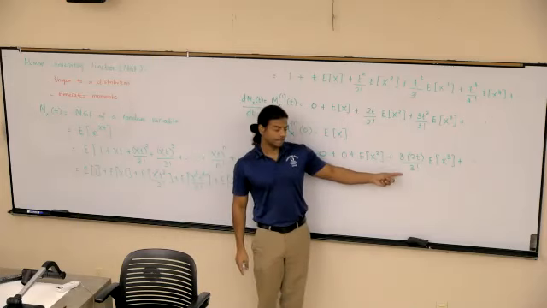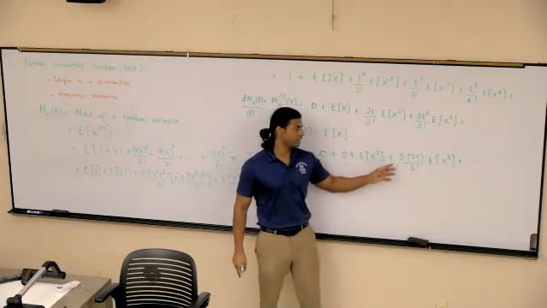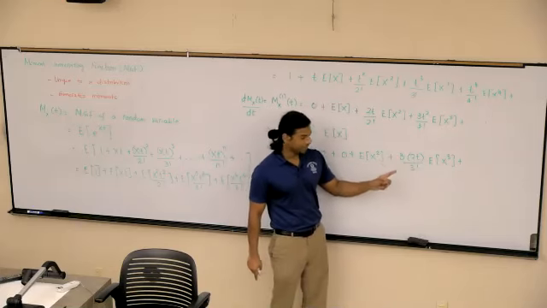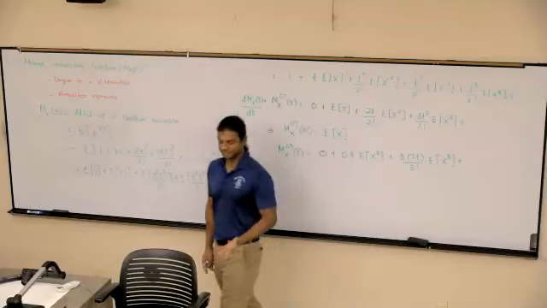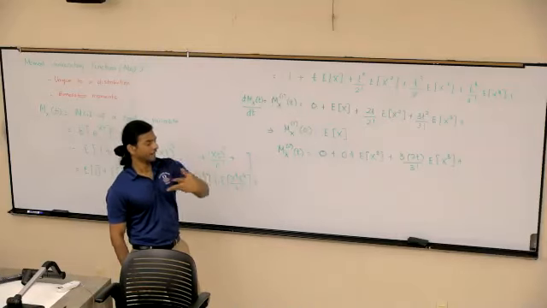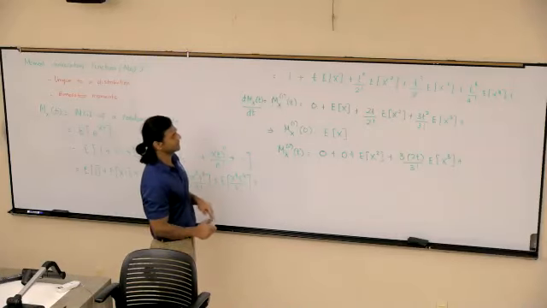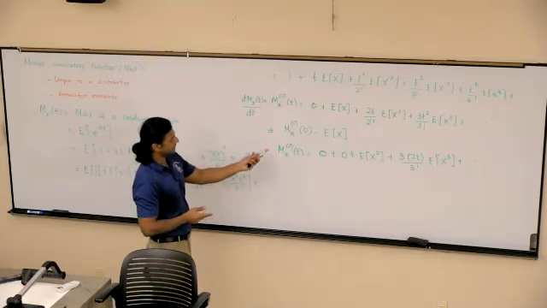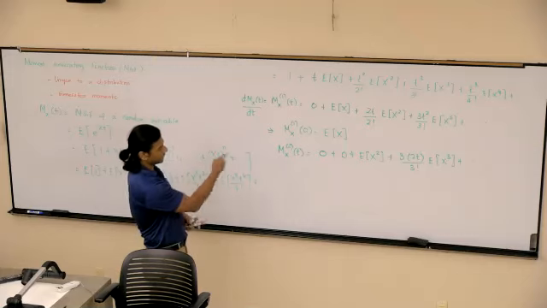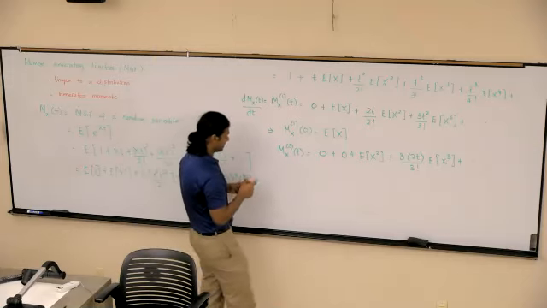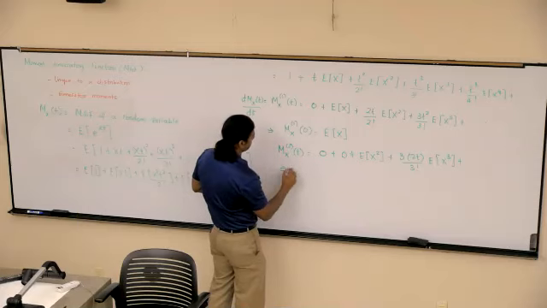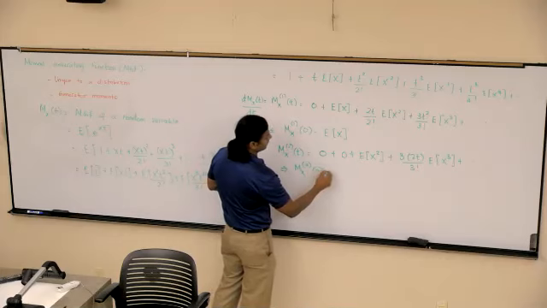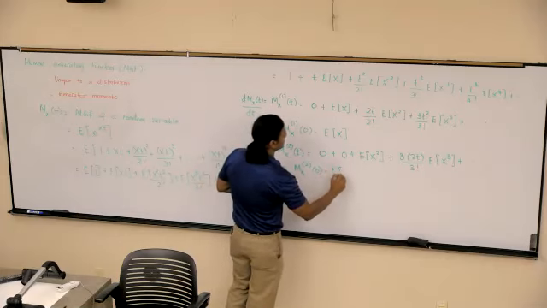When you go up to 3, 3 times 2 is 3 factorial, so 3 factorial and 3 factorial would get cancelled, and you are ready for the next step when you get to the third derivative. But regardless, if I want to find the second moment, all I have to do is plug in 0 in the second derivative. I will get expectation of X squared.